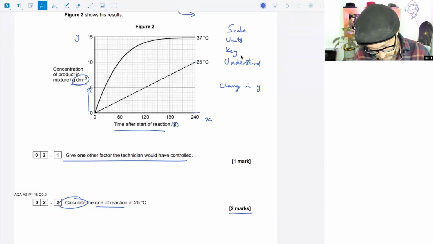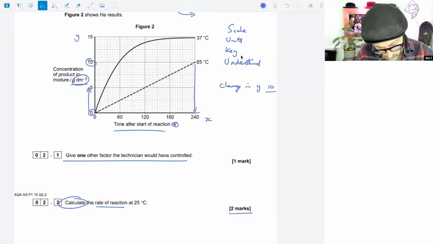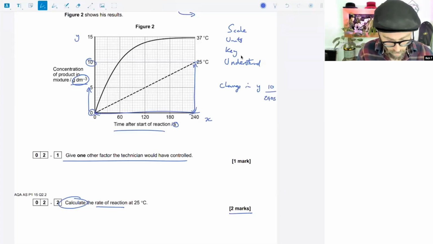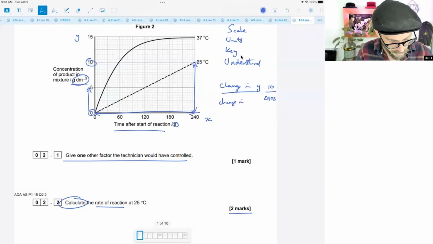So in this case, that goes from 0 to 10. So the change in y in this case is 10, if we use this full range, over the change in x, which is here, which is 240 seconds. And we probably should include our units, divided by our change in x-axis.